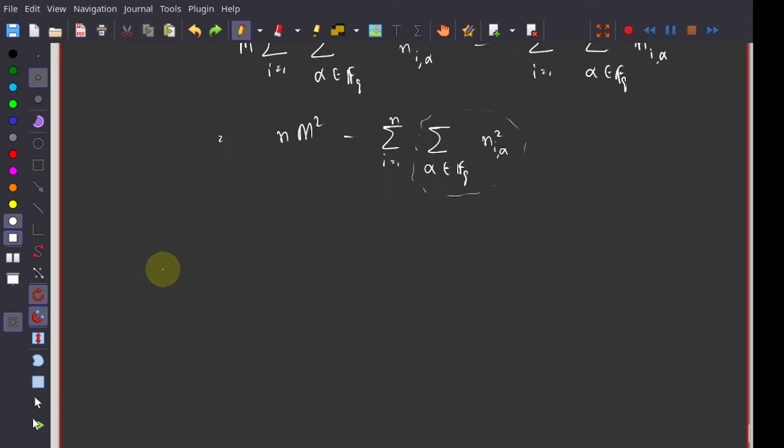Summation over alpha of n_i alpha square. I want to somehow bound this. Now I know that m is equal to summation over all alpha of n_i alpha, or m square is equal to this, the whole square.